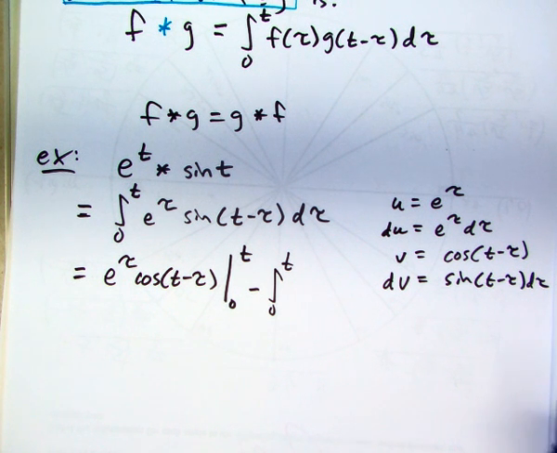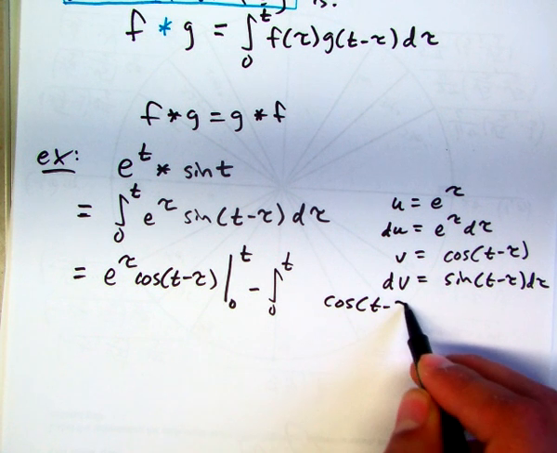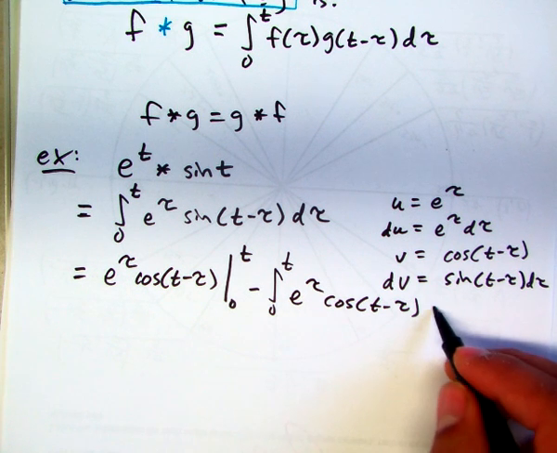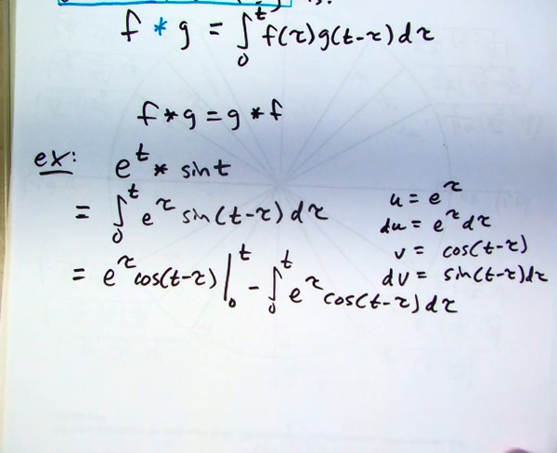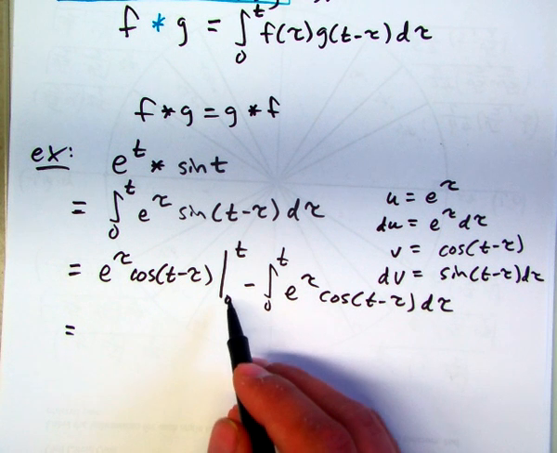So cosine of t minus tau, du is e to the tau d tau, evaluated from 0 to t.